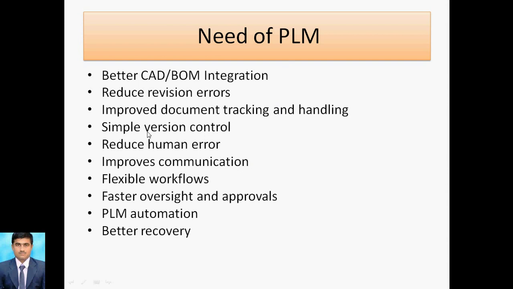These connections can improve with the help of PLM. Then it improves flexible workflow, and faster oversight and approvals. The next point is PLM automation, which is also an important perspective for PLM. Then better recovery. These are the points that help to improve the product life cycle.